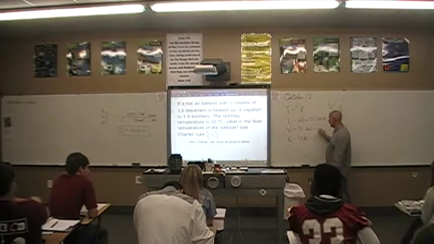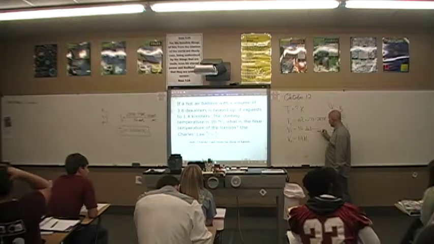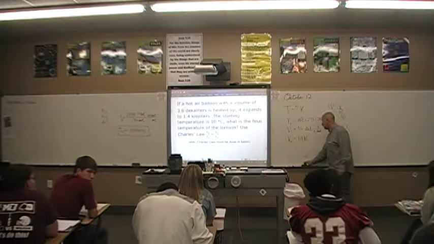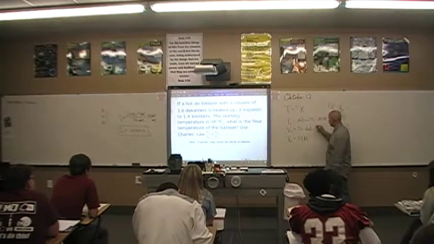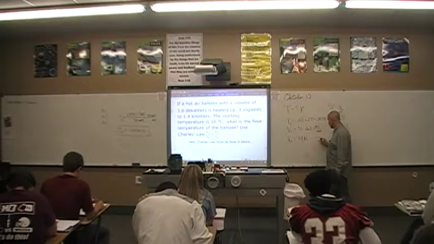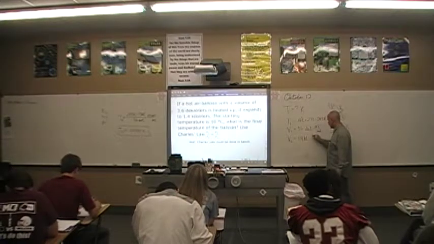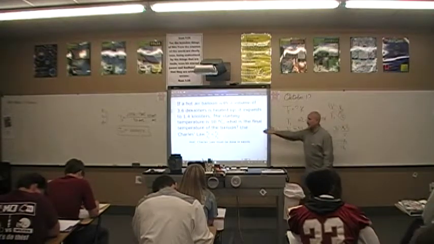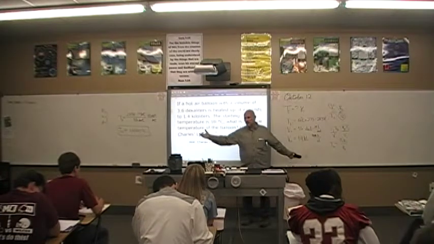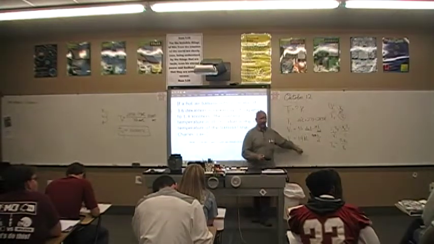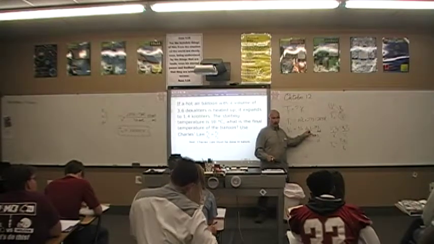If you like doing it here, we put deciliters down here and liters here, so there's 10 liters in a deciliter, and down here we change our kiloliters to liters, and there's 1,000 liters in a kiloliter. So I'm going to change both these to liters so they cancel out over here. Which one's more work, which one's less work, you know. As long as you show me what you're doing here, you can do it here.